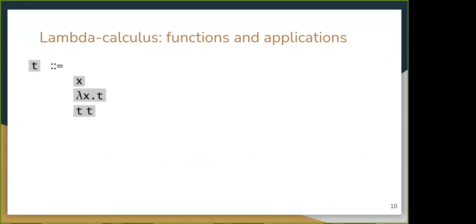So this is the traditional syntax for Lambda Calculus, but what it really means is this lambda x.t is just a function definition with an argument x and the body t. And t space t is a function application, or you can think of a function call. Usually we call it with parens.